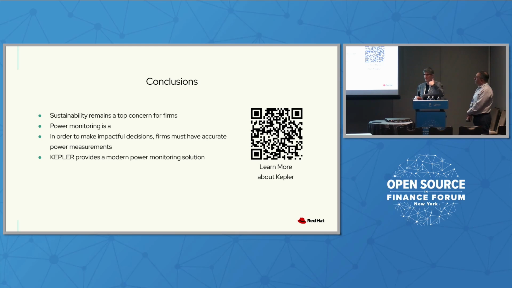But we see this concern moving into industries that we traditionally think of as less power-intensive, because the digital transformation brought us there, and AI is making it even more obvious. And power monitoring is a key tool in the process of trying to live in this space.